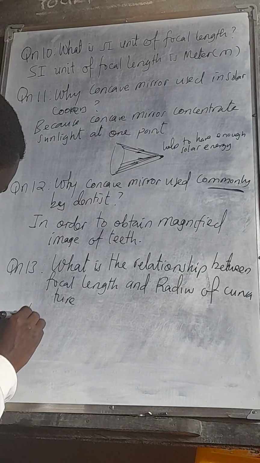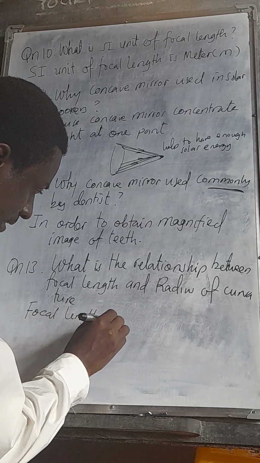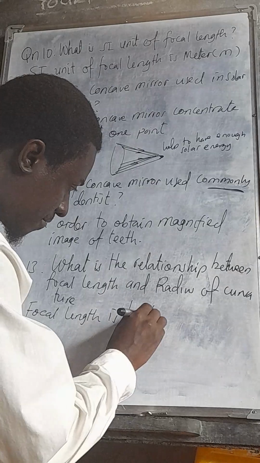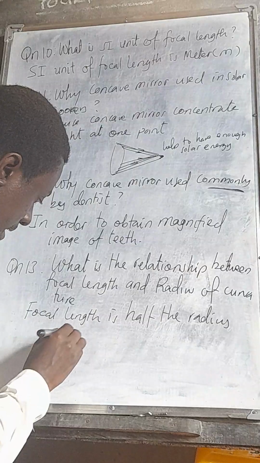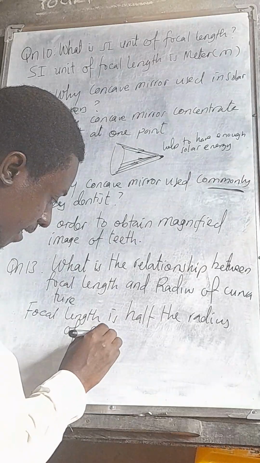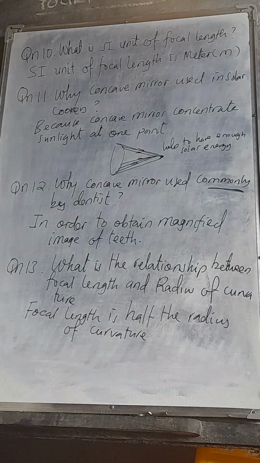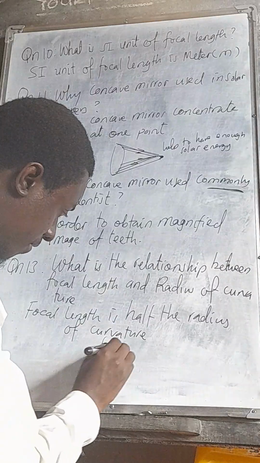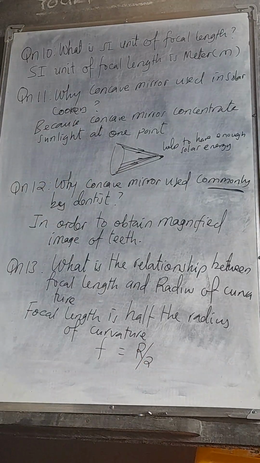Focal length is half the radius of curvature. We know that focal length is equal to radius of curvature divided by 2. So that is the relationship between the focal length and the radius of curvature.